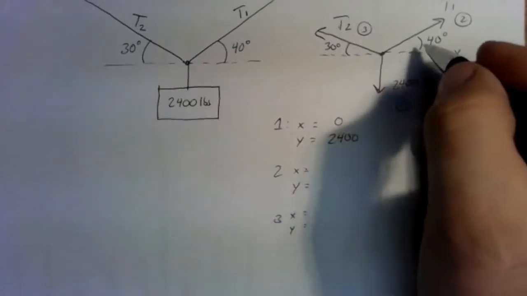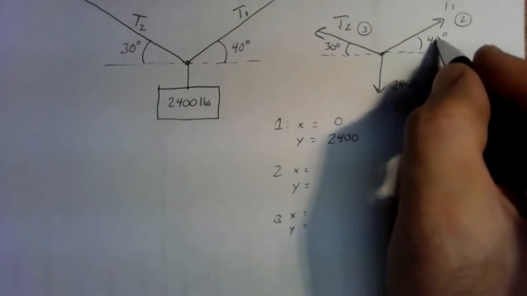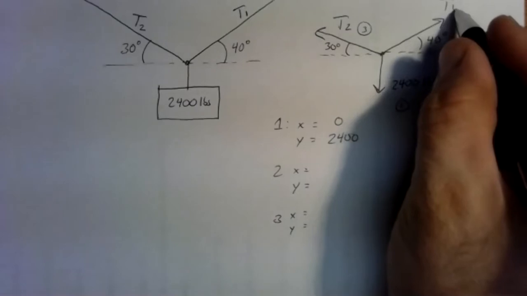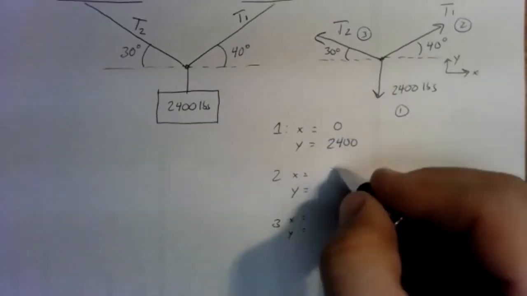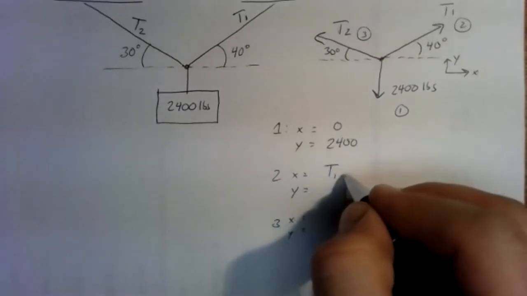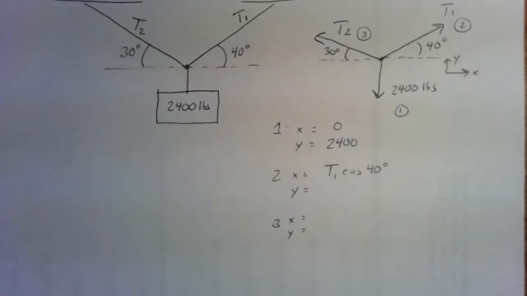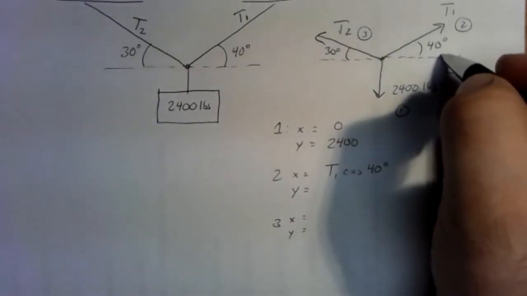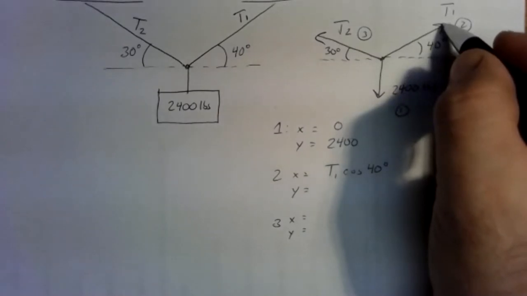So for the x component for T1, that's the horizontal piece, that's the adjacent side, so it's going to go with cosine. If I had a number for T1, I'd just multiply that number times the cosine of 40. So that's all we'll do here. We'll do T1 cosine of 40 degrees. Vector 2's y component is the opposite side.